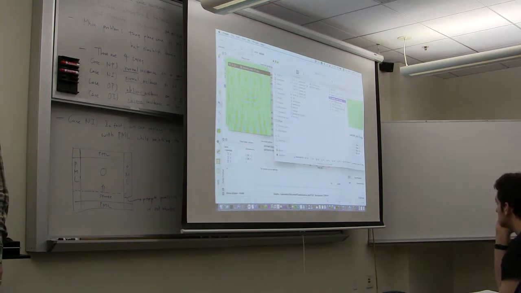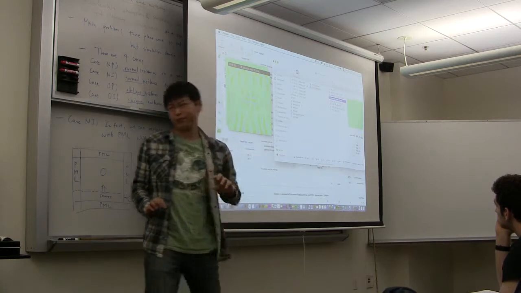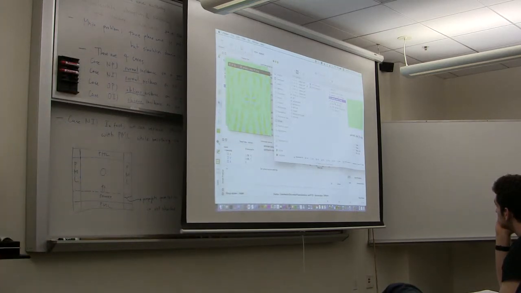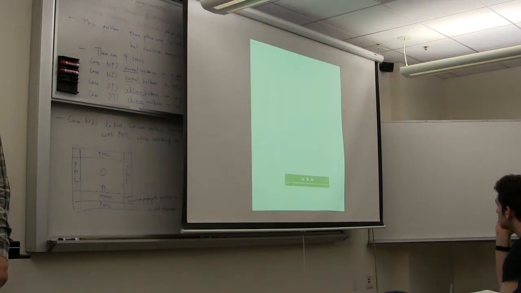And I said that we can put PML on the left and right, but for some reason I cannot do that in numerical. I can do that in other simulation software, but what happens in numerical is something like this.